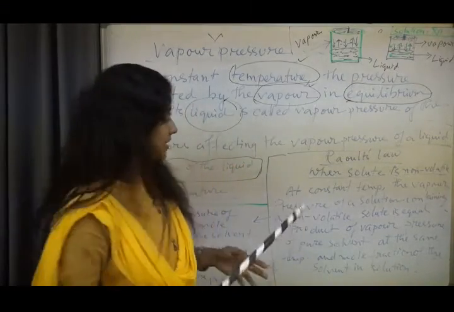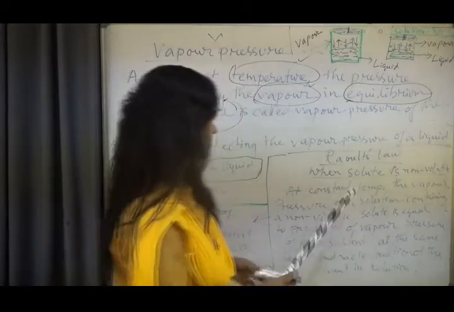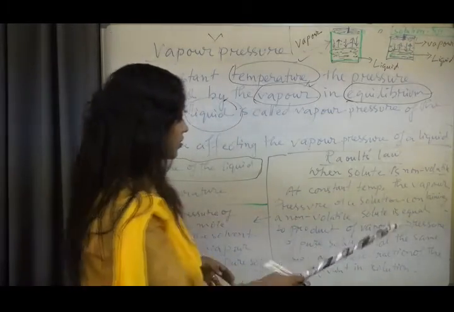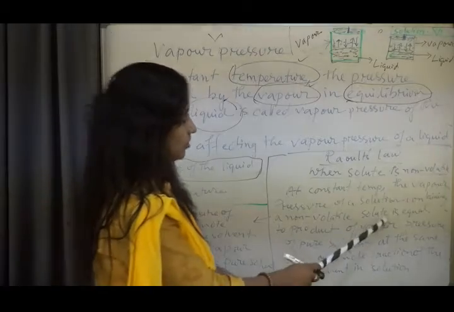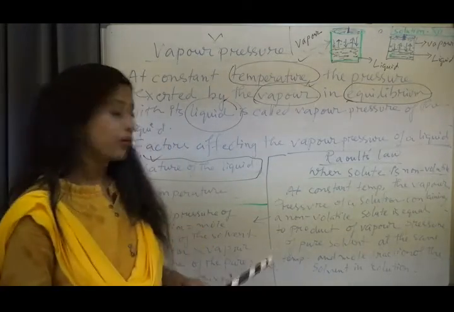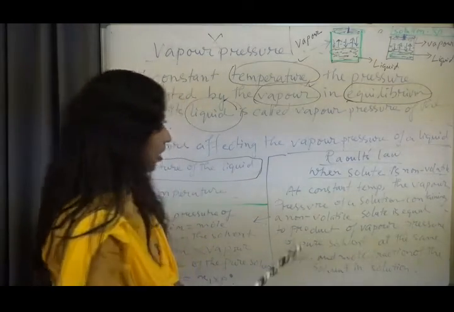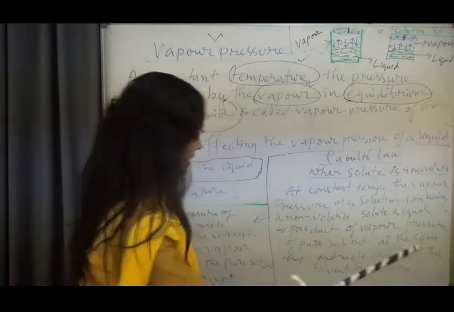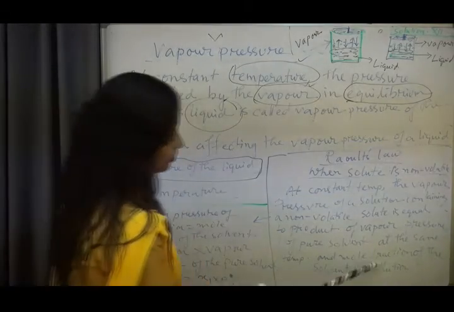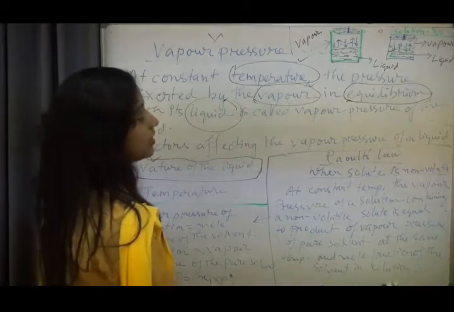This law states that at constant temperature, the vapor pressure of a solution containing a non-volatile solute is equal to the product of the vapor pressure of the pure solvent at the same temperature and the mole fraction of the solvent in the solution.